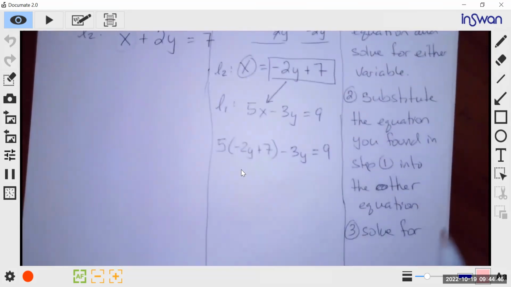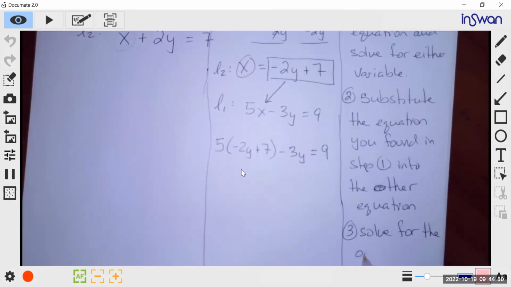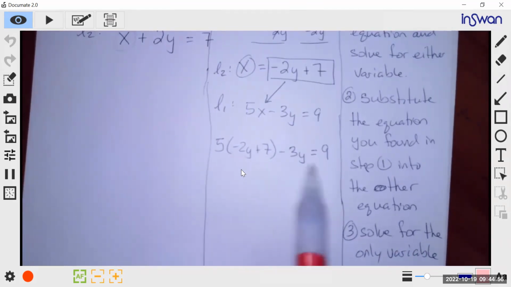Now, once you did that, solve for the only variable. In this equation, there's only a y, so solve for y.